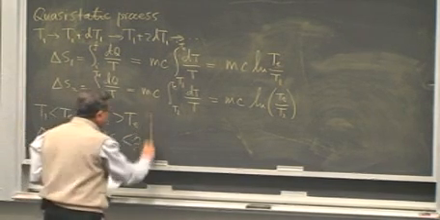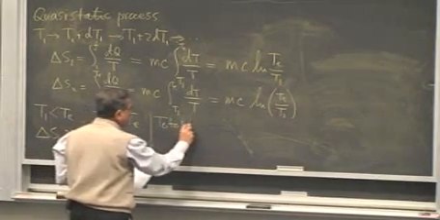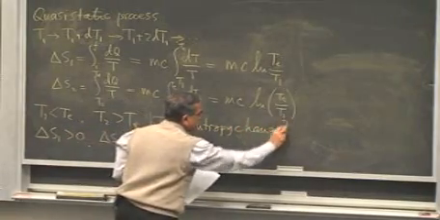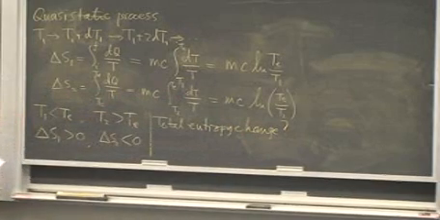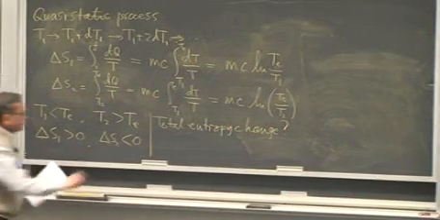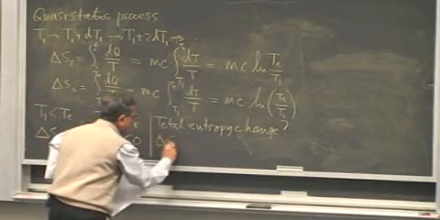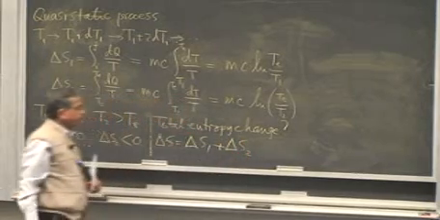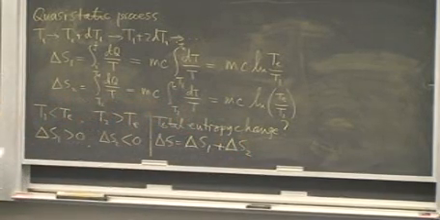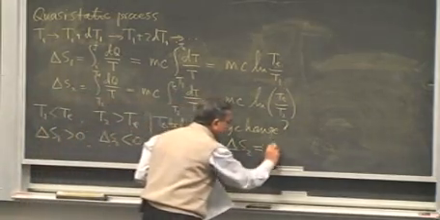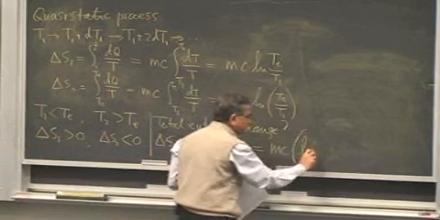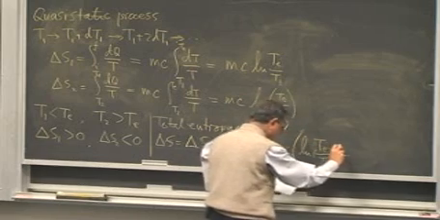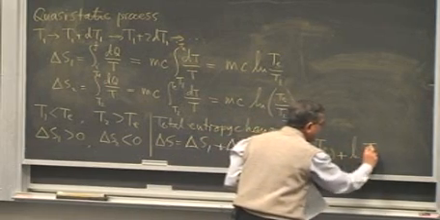But what about total entropy change? Total entropy change is of course going to be entropy change in system 1 plus entropy change in system 2. And this is going to be mc times log of Te over T1 plus log of Te over T2.